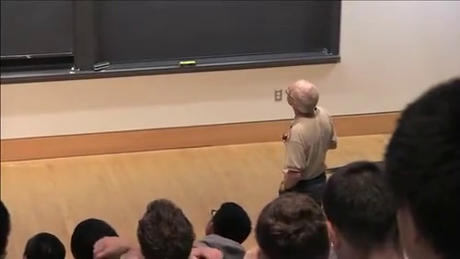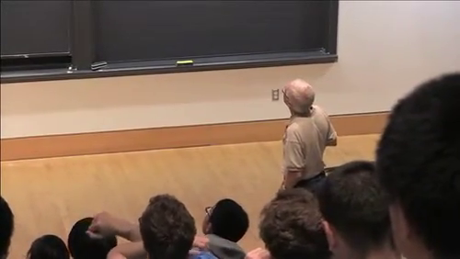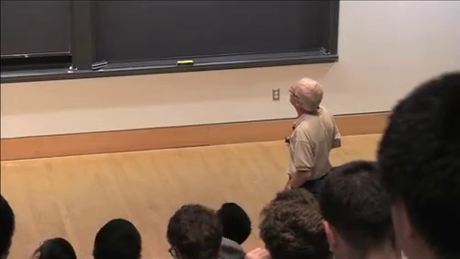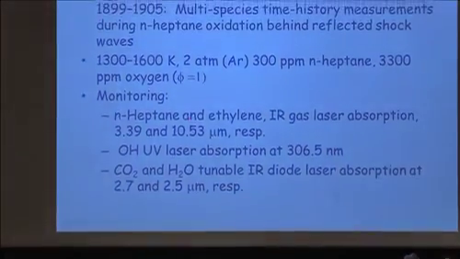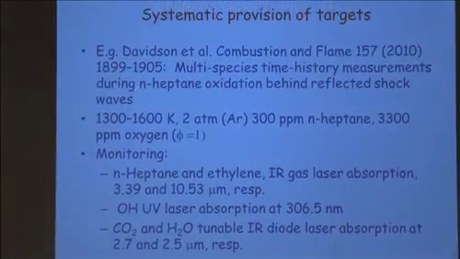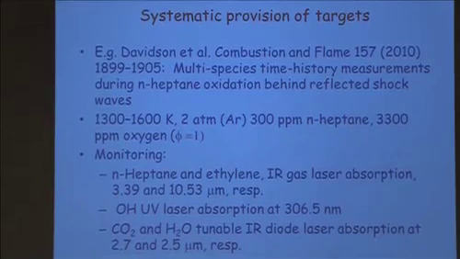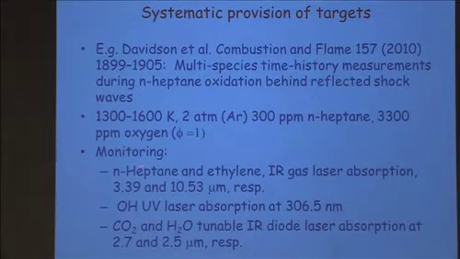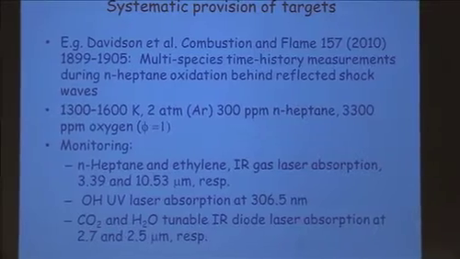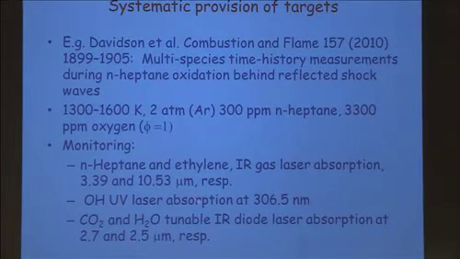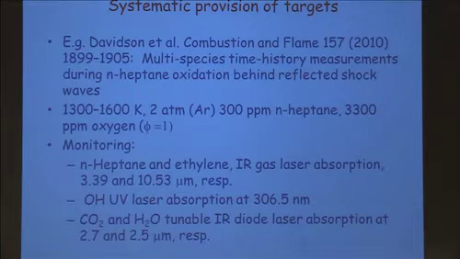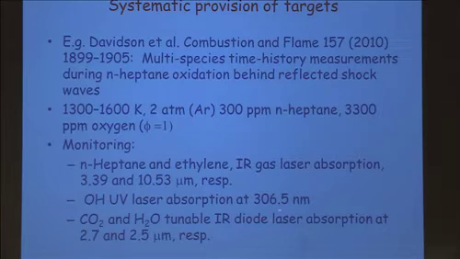And so this is the Stanford group using shock tube data and excellent monitoring techniques to define the system. This example here is heptane, monitored using infrared gas laser absorption to look at heptane and ethylene, OH monitored using UV laser absorption, CO and CO2 monitored using IR diode laser absorption at 2.7, 2.5.